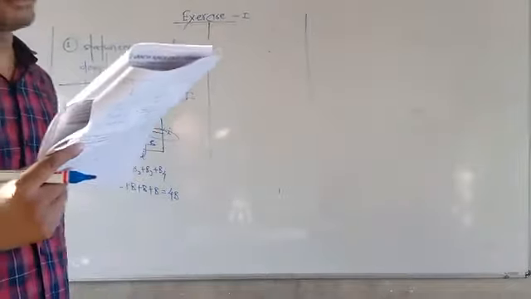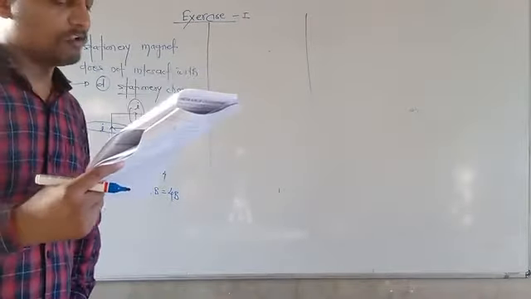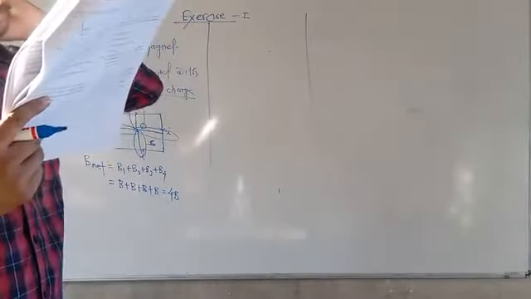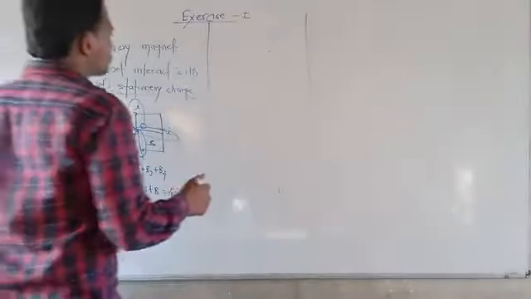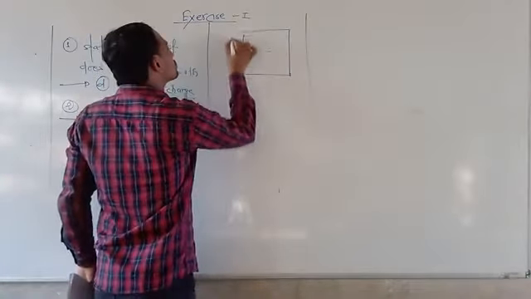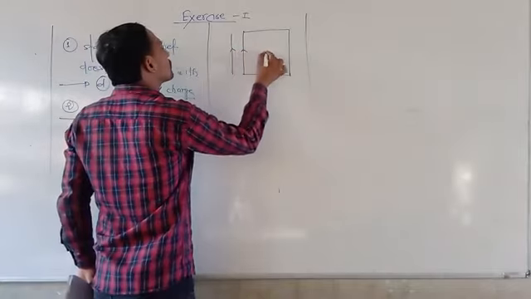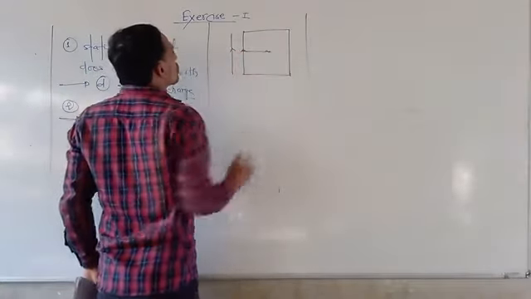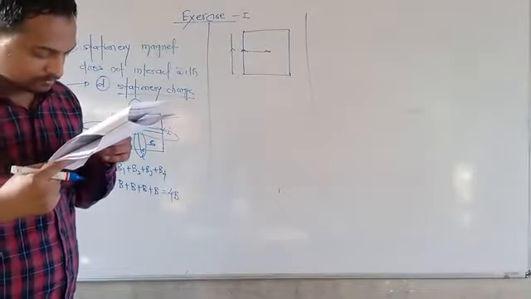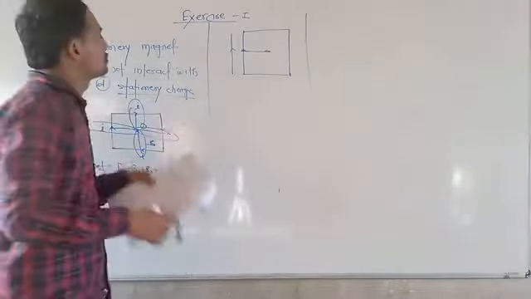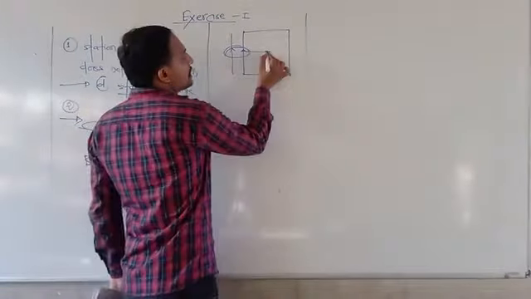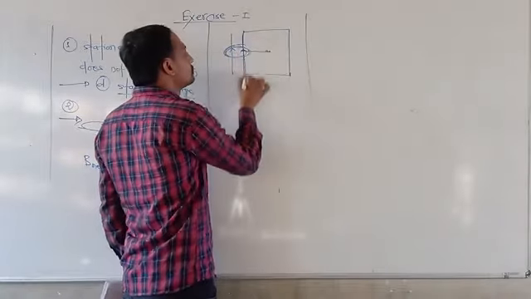Now at any point A within the coil, the magnetic field will be... In this condition, the interaction between these two reduces the effect of this field.